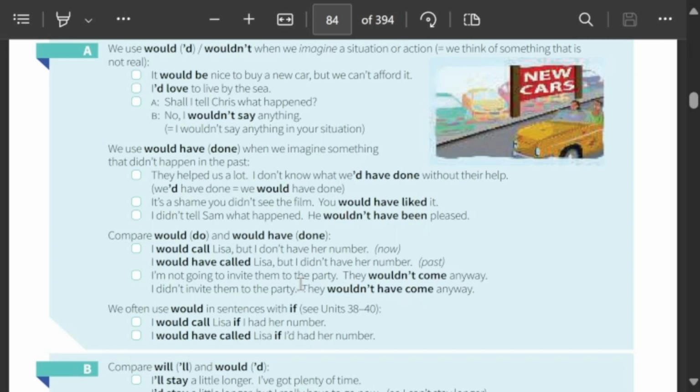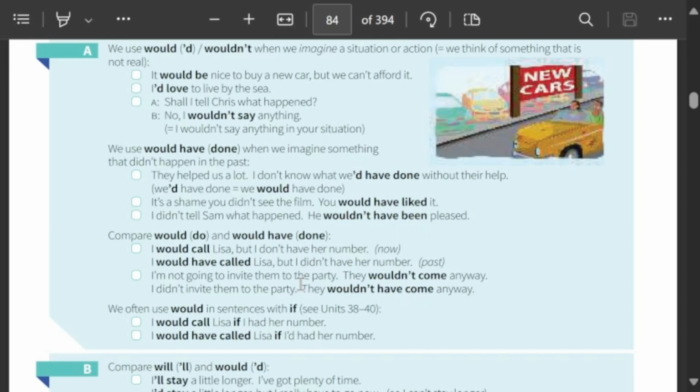Maybe in that situation we were helpless. We needed help. Without that help, I don't know what we would have done. Would have done.